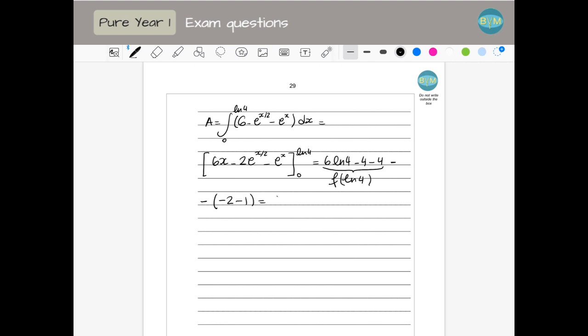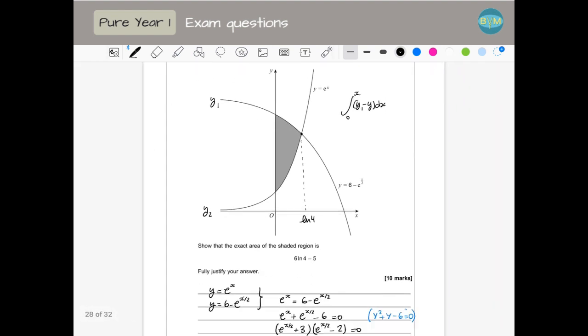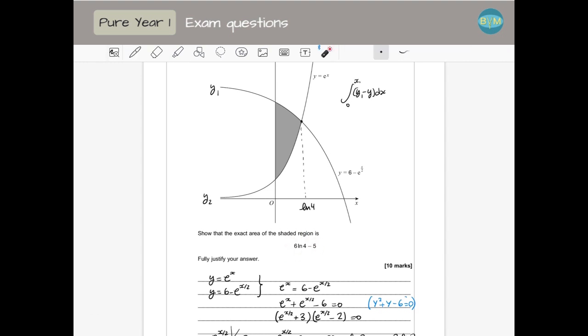So I have 6 ln 4 minus 4 minus 4 plus 2 plus 1, which makes 6 ln 4 minus 5, which is, I think, what we had to find, this value here, yeah.